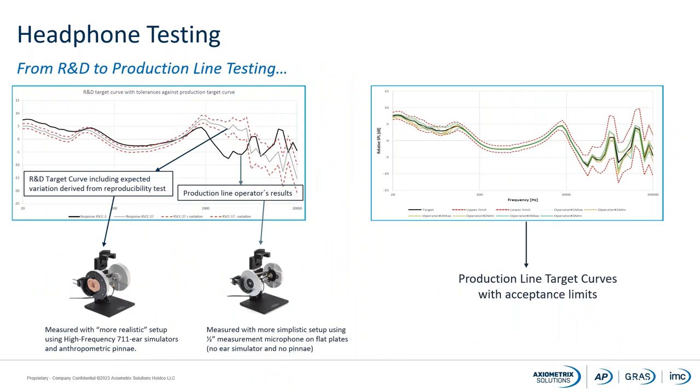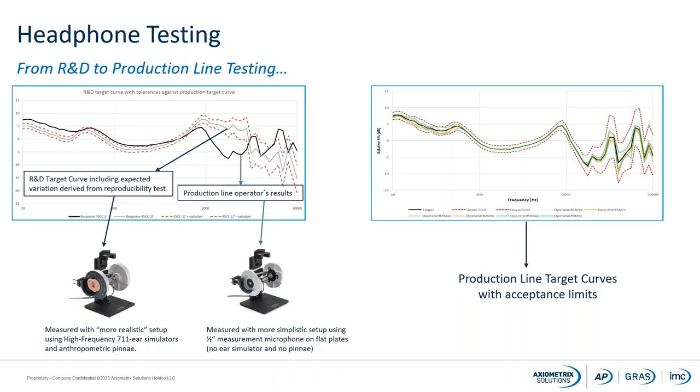When doing realistic measurements, we talked about in the beginning that it is important that we load our headphone with the same load as the impedance of the human ear. And we have done it here, where we can see the gray curve.